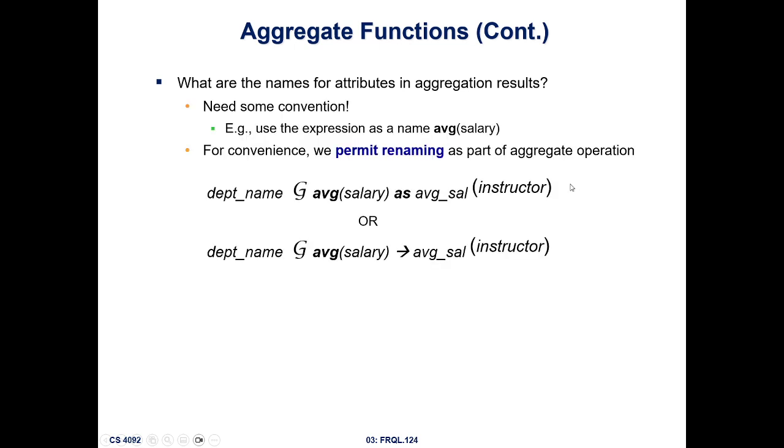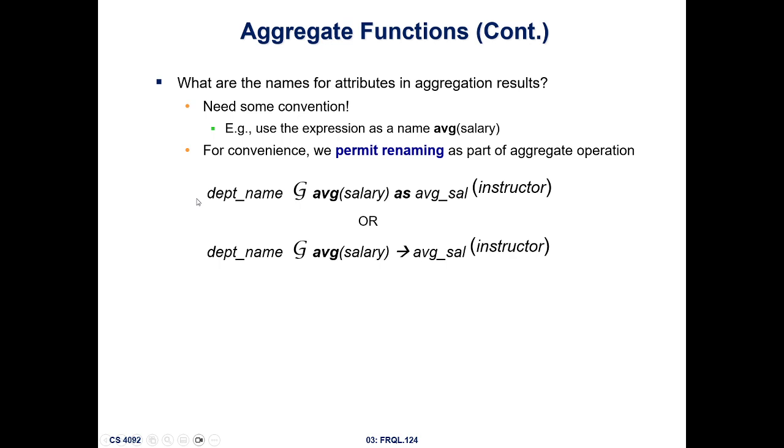So one more thing here is that we can allow renaming in these aggregate functions and these results because we can sometimes have averages too often applied to the same ones. We might have different types of average salaries where maybe we want to average but also make some tax. So what we could say here is we can use these two terms of as or the arrow over to rename what we're actually applying to our function here.